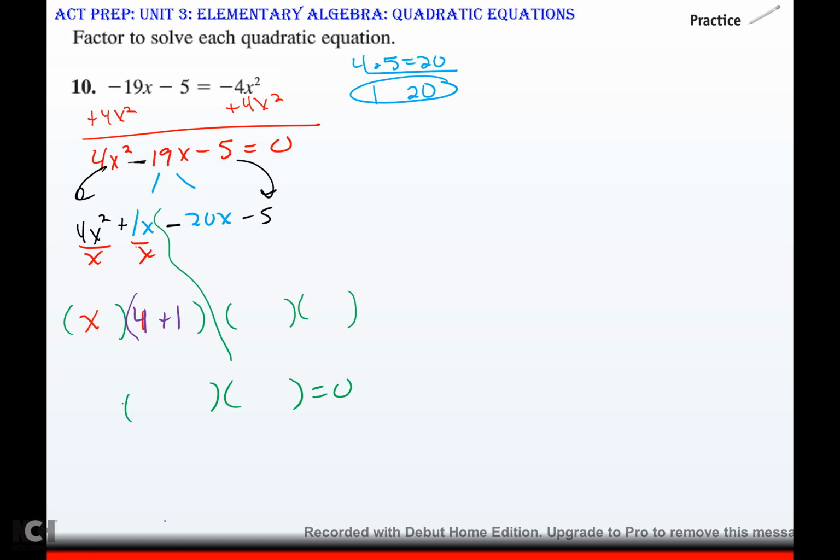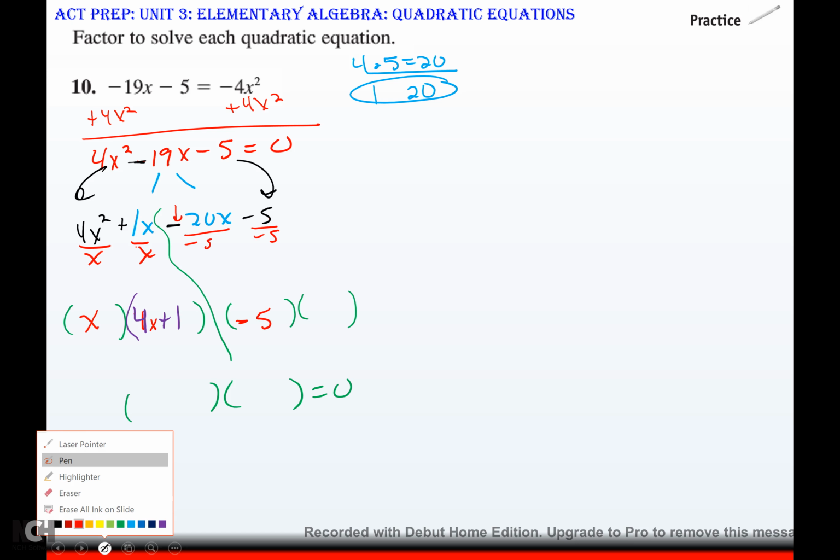Okay, on the other side, my GCF would be a negative, because I always take that guy's sign. 5 is the smallest it goes into both, so 5 is it. He has an x or no x, so that's going to be a no x. So divide by negative 5, and I get a positive 4x and a positive 1.